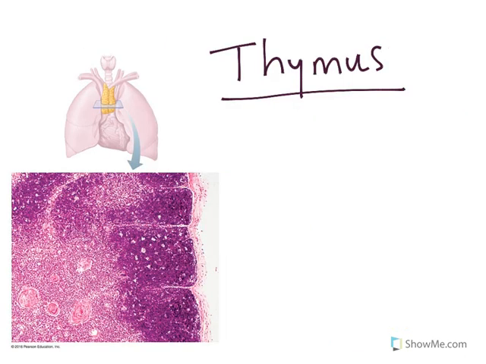The last thing we're going to go over today is the thymus. The thymus gland is bilobed, meaning it has two sides, two lobes that are inferior to the neck. So here we see the neck region, so it's in the mediastinum, inferior to the cervical region, but above the heart is where it lies in the body. It's most active during childhood.